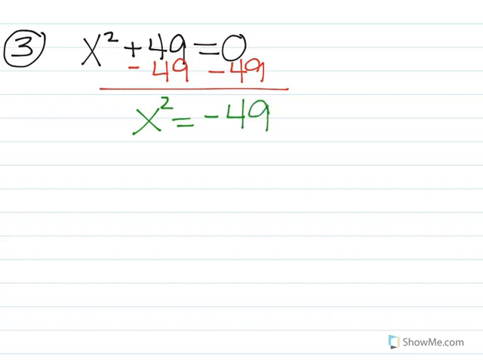Now, when you take the square root of both sides to get x alone, whoops, I didn't mean to cut off that negative, you might automatically assume that your answer would be plus or minus 7 because 49 is a perfect square. However, that negative makes a difference.